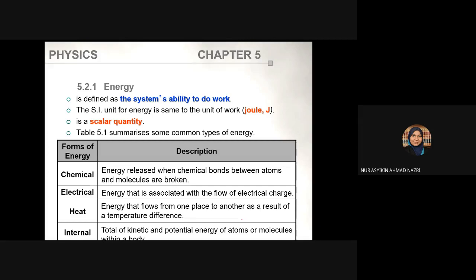Work is also a scalar quantity, in joule. So when we say scalar quantity, we don't need to consider the direction, but just whether we take the energy or we release the energy.